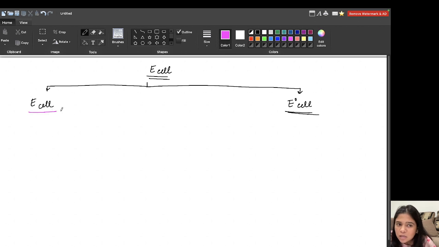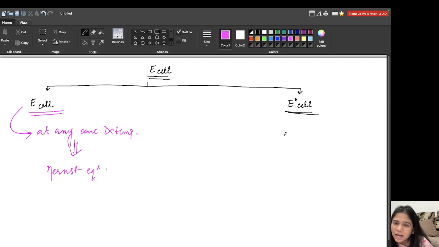Now this E of cell is not standard, and it can happen at any concentration and temperature, and this we find out by the Nernst equation. And E naught of cell means it is under standard conditions: 25 degrees Celsius, 1 molar, 1 atm, 1 bar.